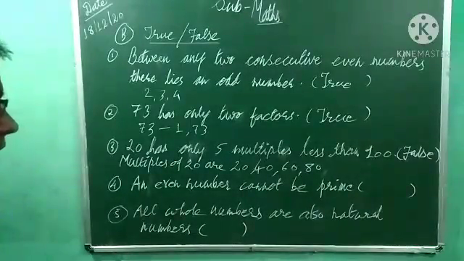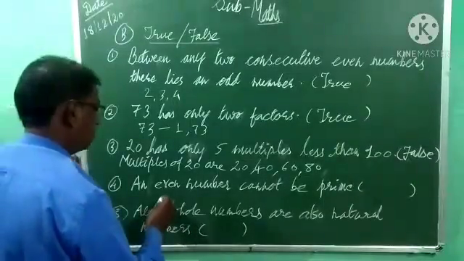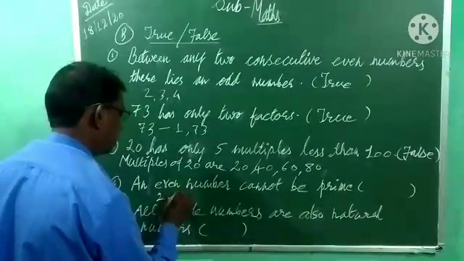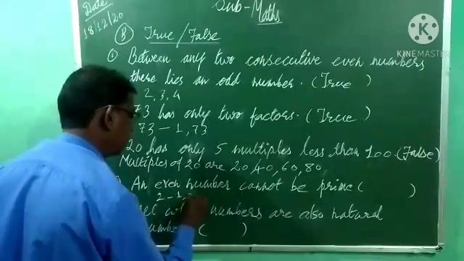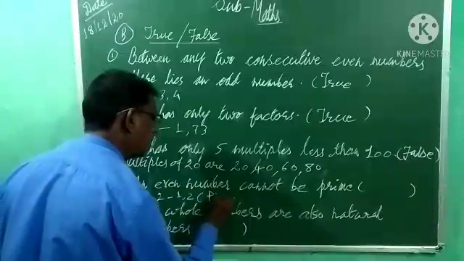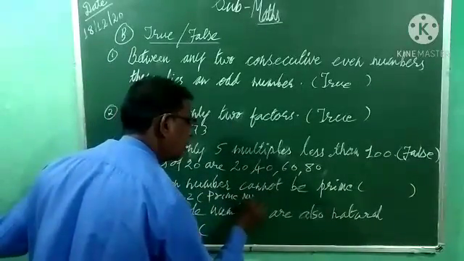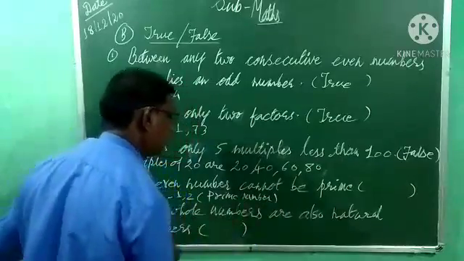Next, fourth question. An even number cannot be prime. For example, 2. 2 is an even number. But what are the factors of 2? 1 and 2. So 2 is a prime number.